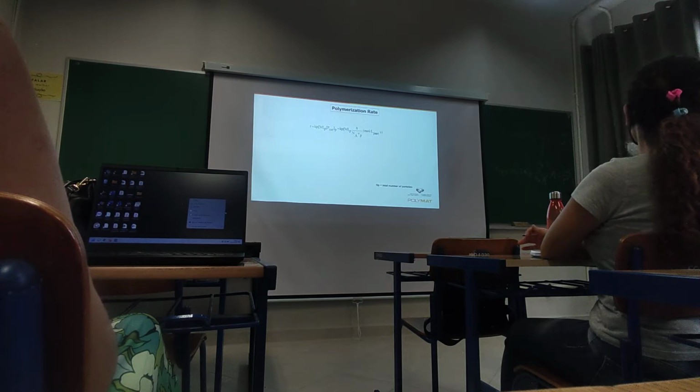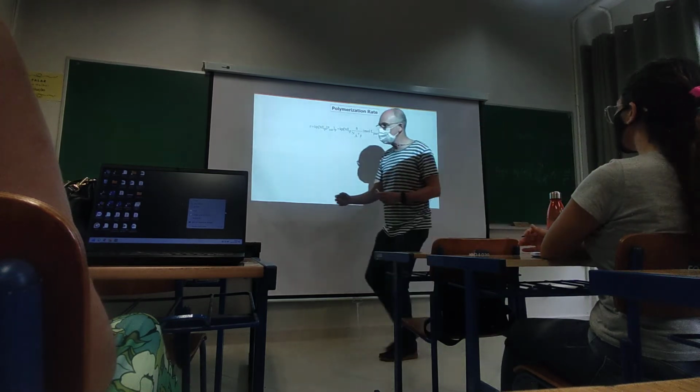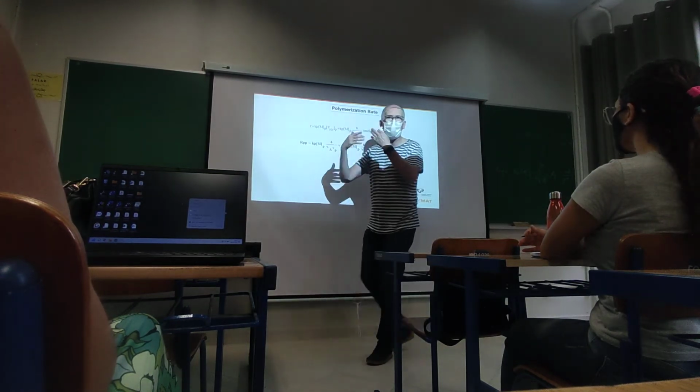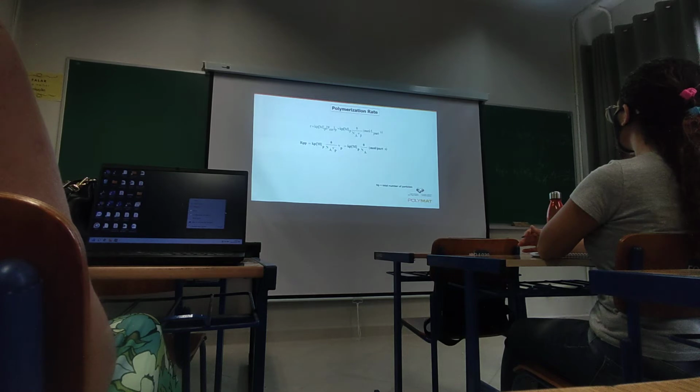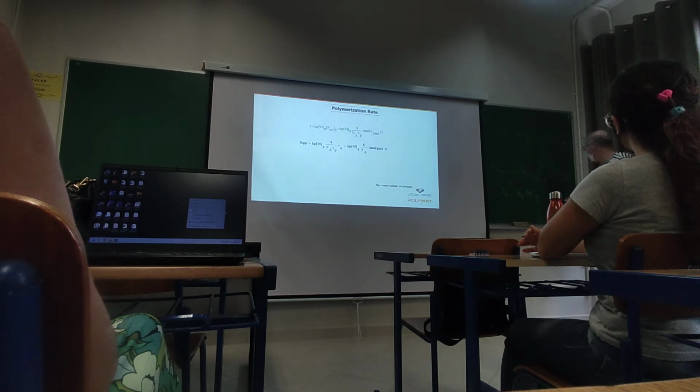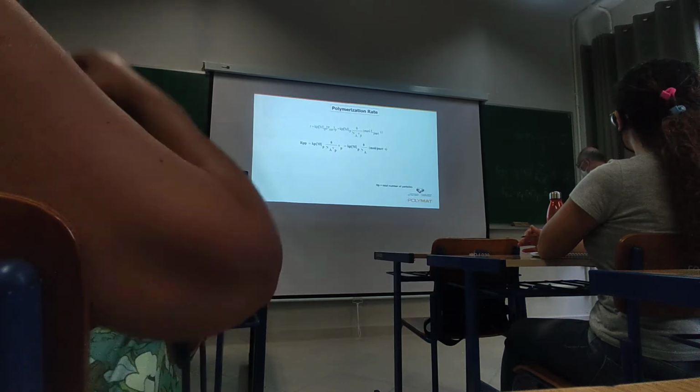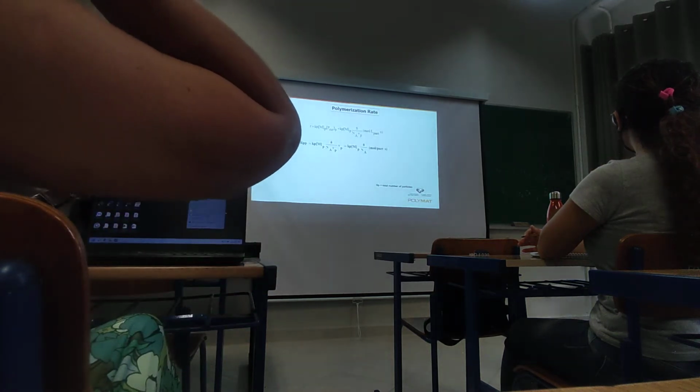And if I want to calculate the total polymerization rate, what happens in all the polymer particles, now I have to multiply this expression by the number of particles that I have. If I multiply this expression by the number of particles, I will obtain an expression that you will see in books and in articles, which is n bar. Now I have to multiply by the number of particles divided by Avogadro.